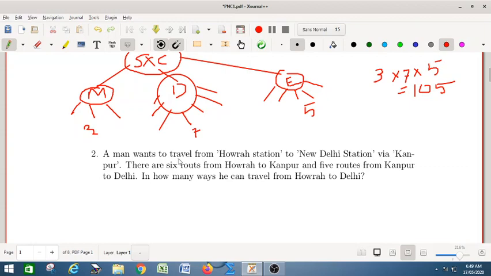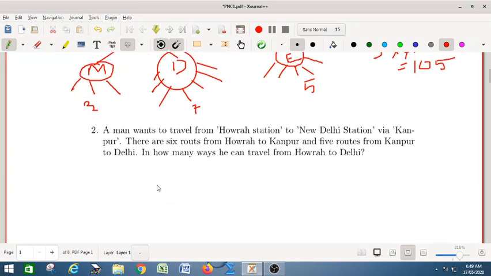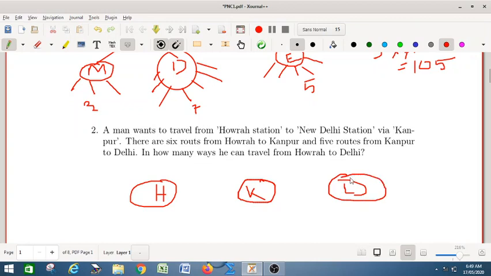Now look at another experiment. A man wants to travel from Howrah station to New Delhi via Kanpur. There are 6 routes from Howrah to Kanpur. So let us just draw a sketch. The sketch will help you understand. This is Kanpur and this is Delhi, New Delhi station.